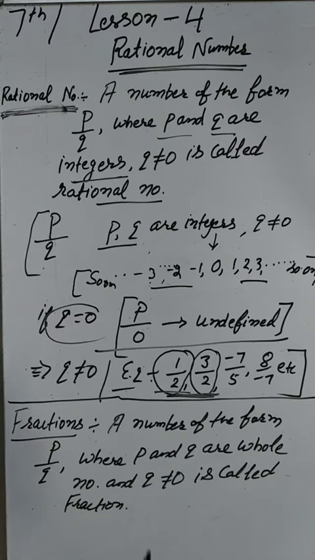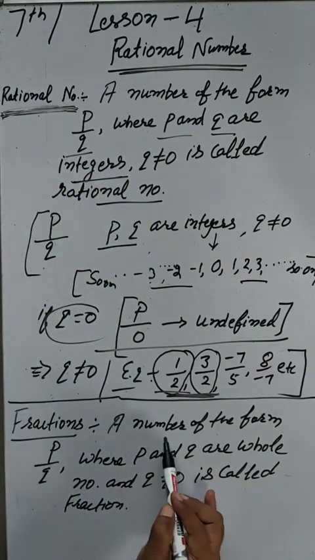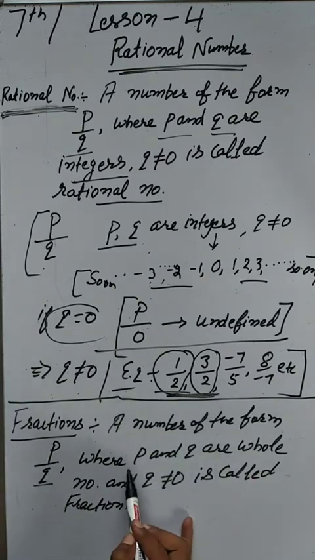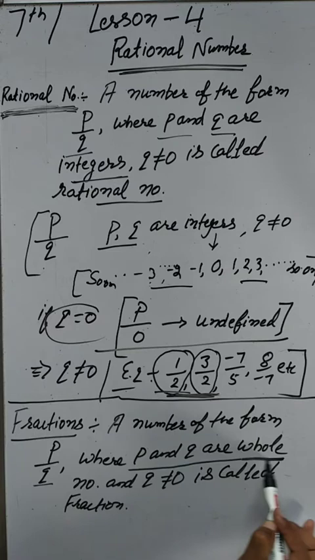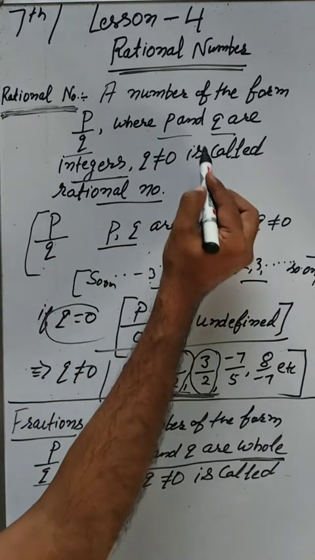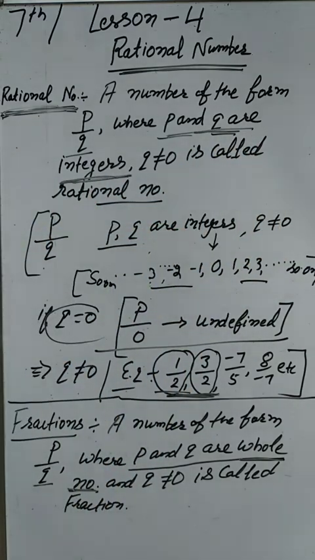Understood beta? Look, the definition is nearly the same. A number of the form P upon Q, where P and Q are whole numbers, but in case of rational, P and Q are integers.